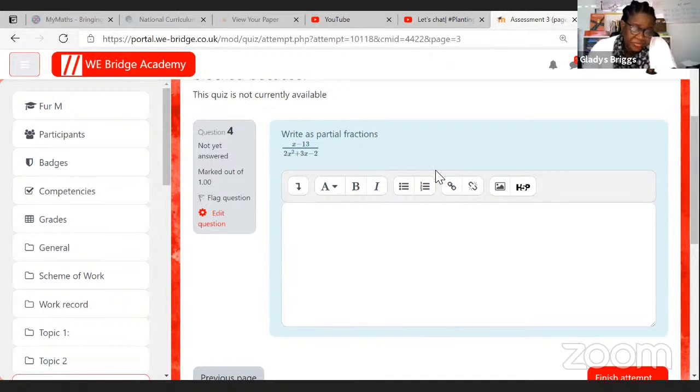Okay, so with partial fractions, you want to try and split that single fraction into 2 partial fractions, okay? You want to split this single fraction into 2 partial fractions.